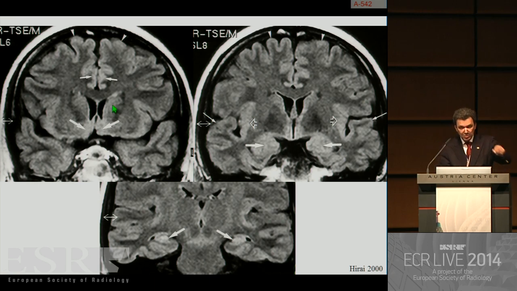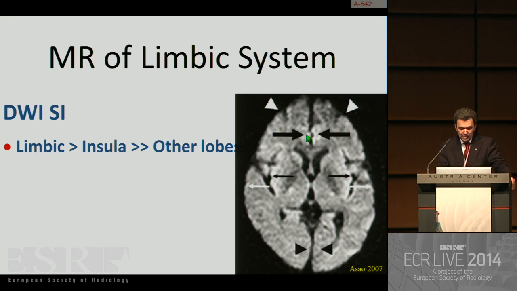But if you keep in mind what I just showed you a moment ago on the sketch, what do we have? We have here this area, the cingulate, which is higher signal. We have here this area, which is higher signal. This area here, where you have the amygdala and the hippocampus, they all have higher signal. Also, the insula. They all are slightly higher in signal, and you see that also on the DWI images.